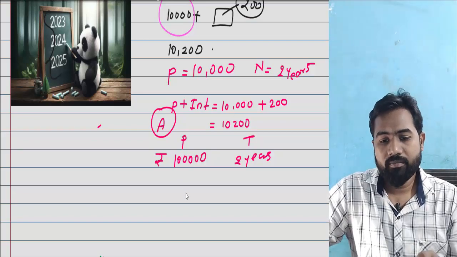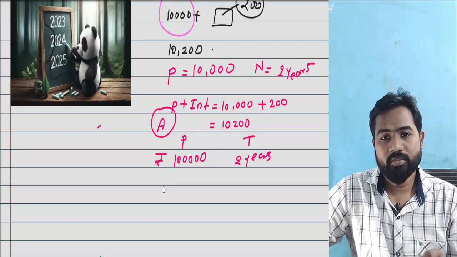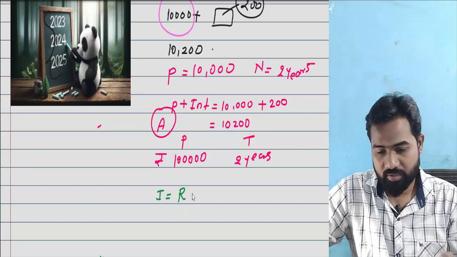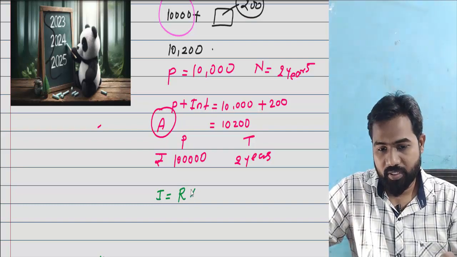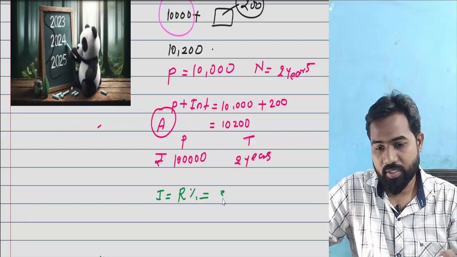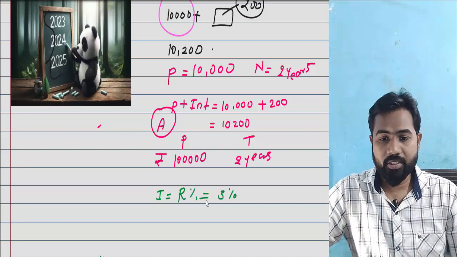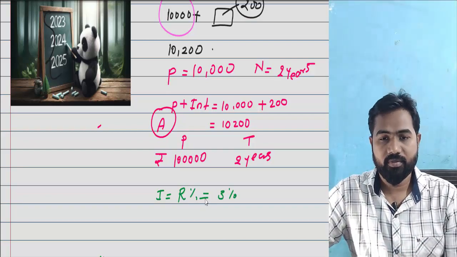Now this time the bank will say you have to pay the interest at the rate of R, the rate of percent. Suppose it is 3%. What is this new part, 3%? That is new for you.